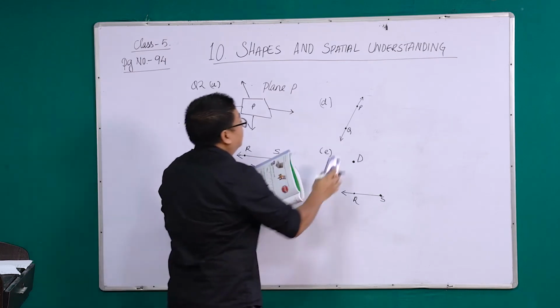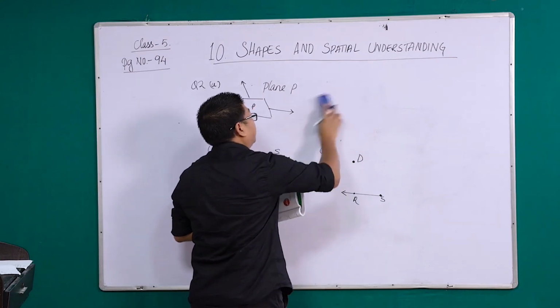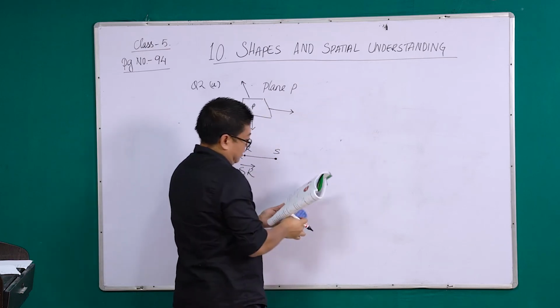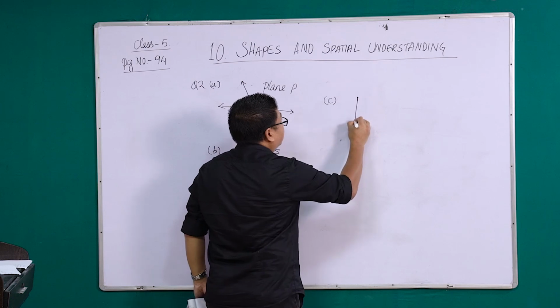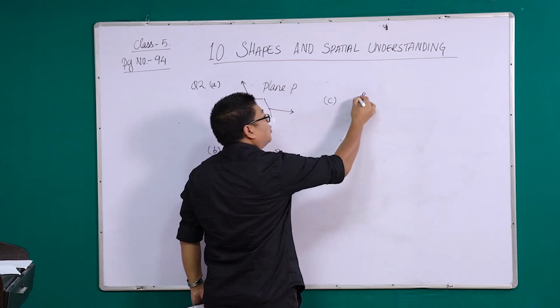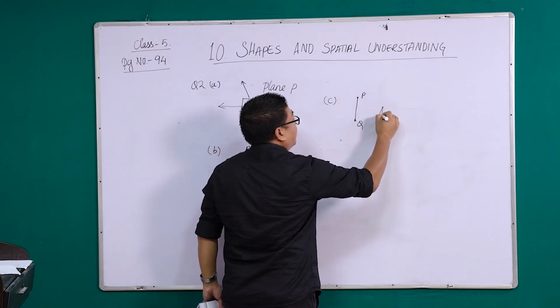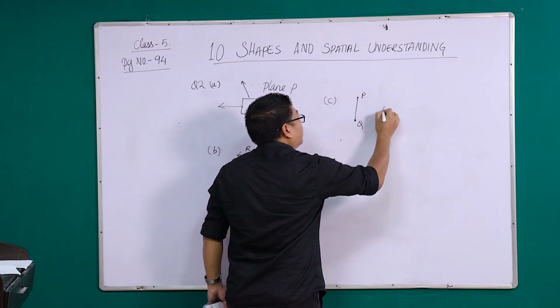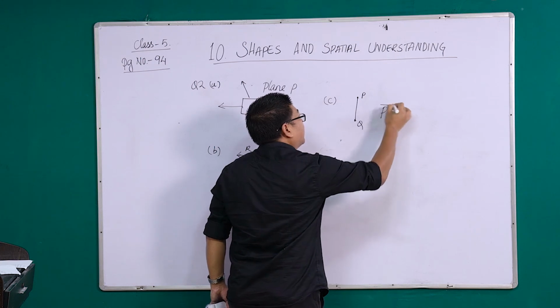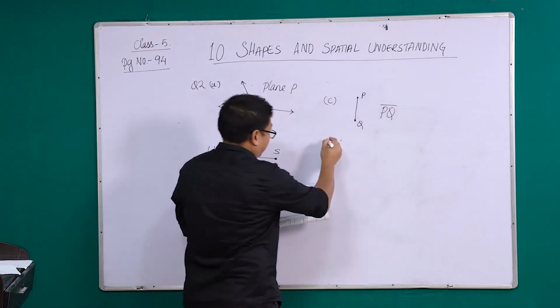And the next, C, they have given us this figure, P and Q, 2 endpoints. So we will name this as, we know that this is a line segment, so we will name this as PQ and 1 bar. That means line segment PQ.